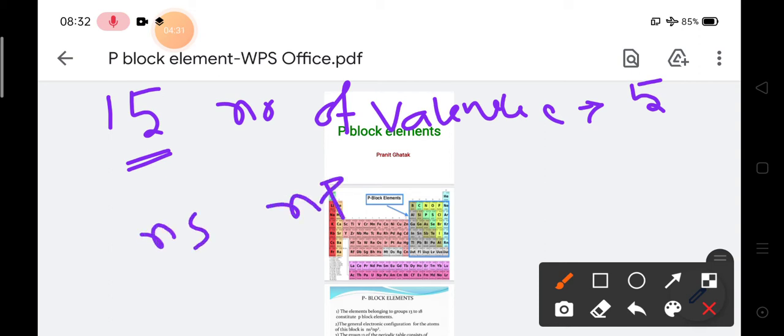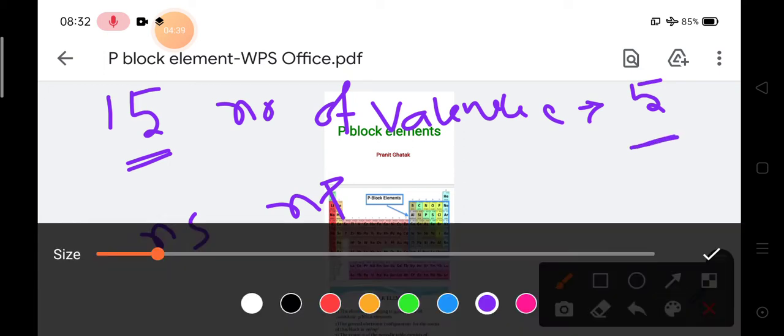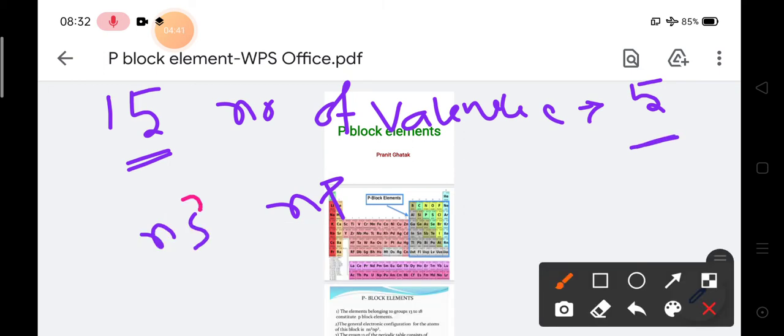First of all, fill the S orbital. We know the S orbital can only hold 2 electrons, and we have 5 electrons. So 2 electrons will occupy the ns orbital, and 5 minus 2 makes 3. So 3 electrons still have to be placed. These 3 electrons will occupy the np orbital. So the electronic configuration will be ns2 np3 in the case of group 15.